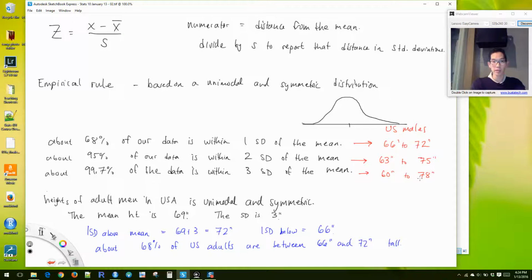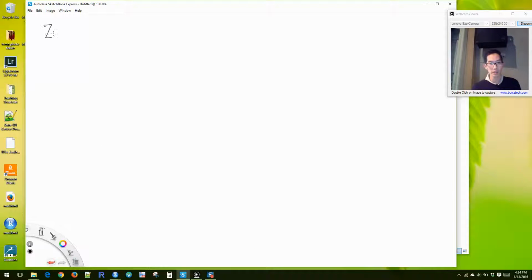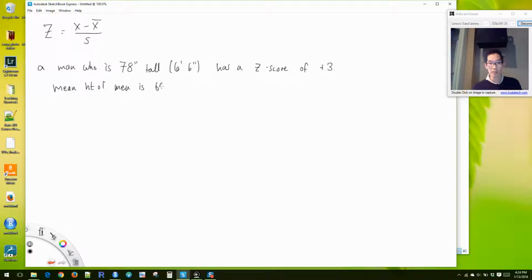So I'm going to just flip to the next slide. Z is equal to x minus x bar over s. So a man who is 78 inches tall, so 6'6", has a Z-score of +3, okay? And that's because the mean height of men is 69 inches.